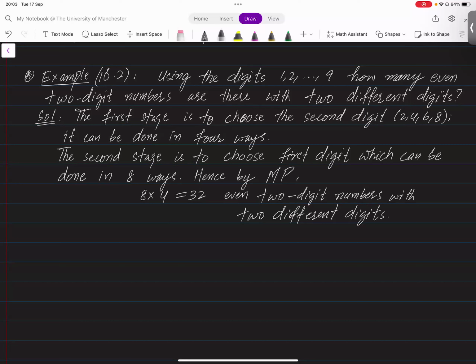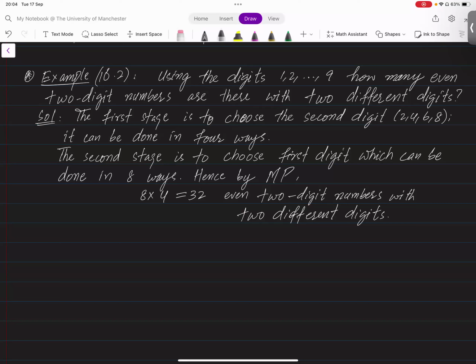Remember, if we had carried out the process the other way around, first choosing the first digit, then the number of ways of choosing the second digit would depend on whether the first digit was even or odd. That would be trouble.